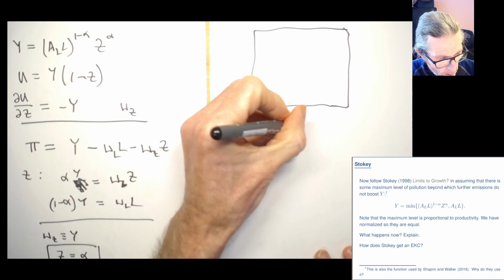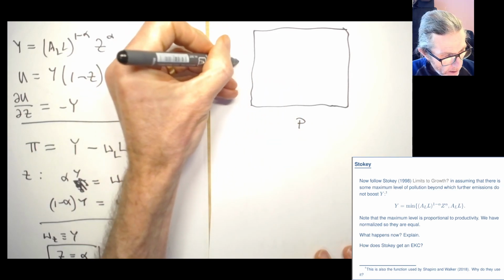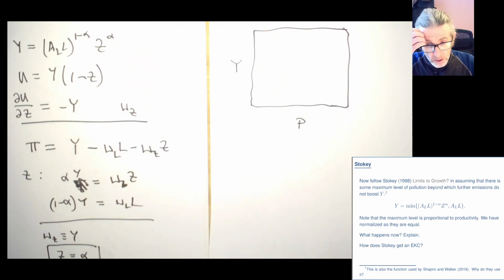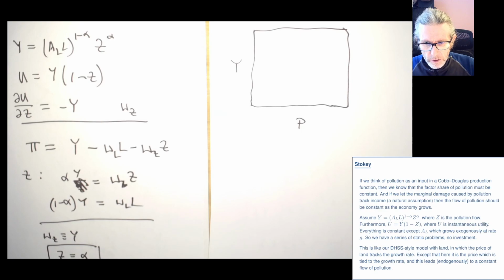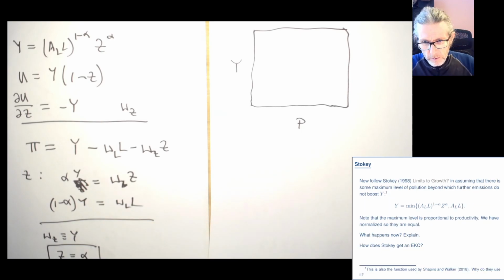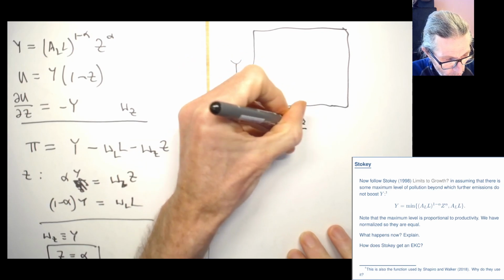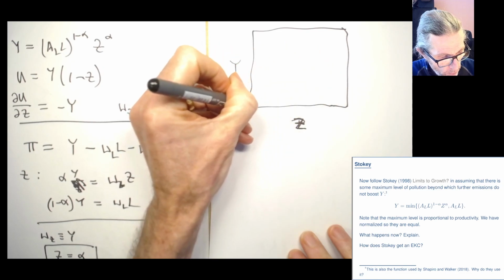We've got pollution on this axis, and production on this axis, Y. And what we just showed was, if we just have the straightforward production function, Y is AL to the 1 minus alpha, Z to the alpha, then, sorry, this should be Z, pollution Z. Then if pollution's 0, there's no production, right?